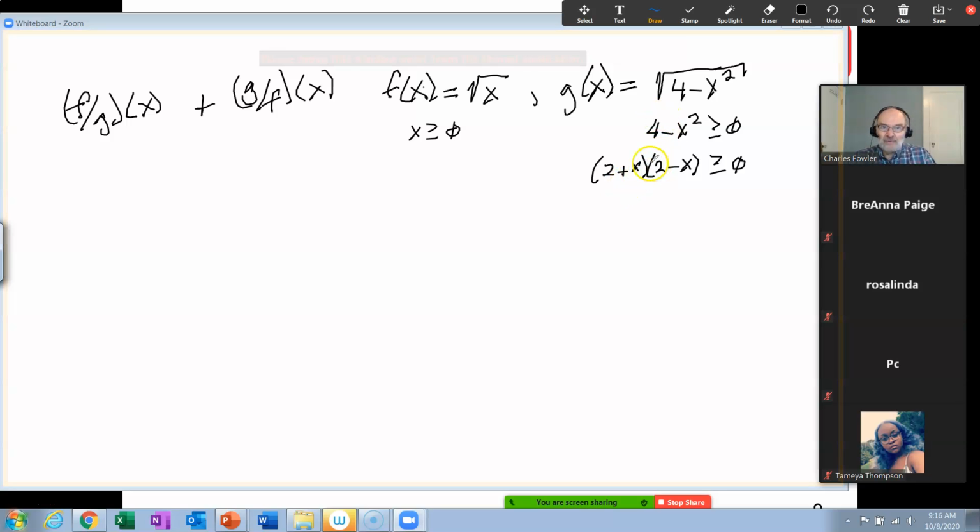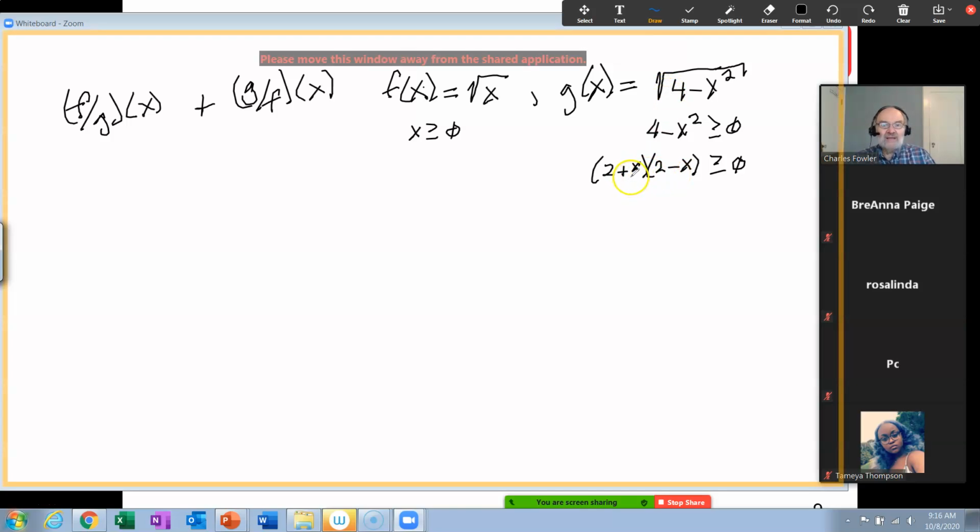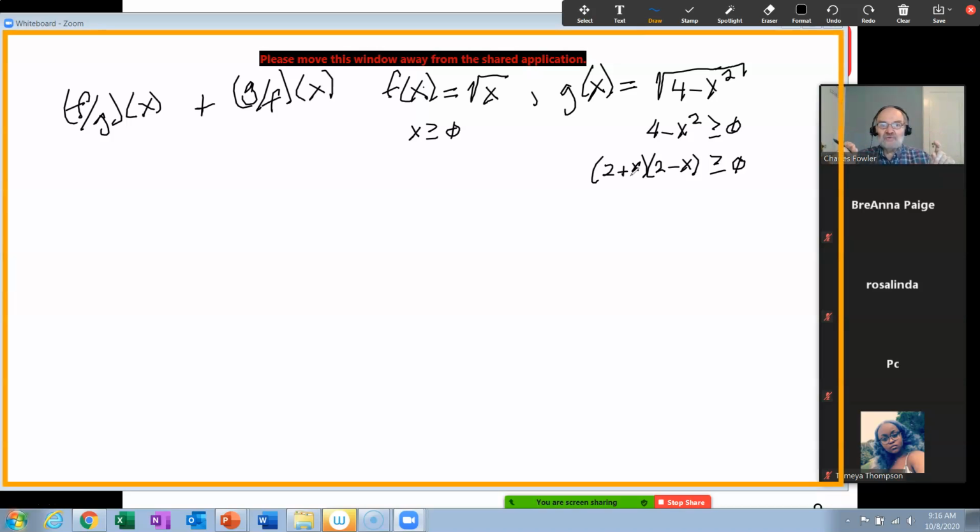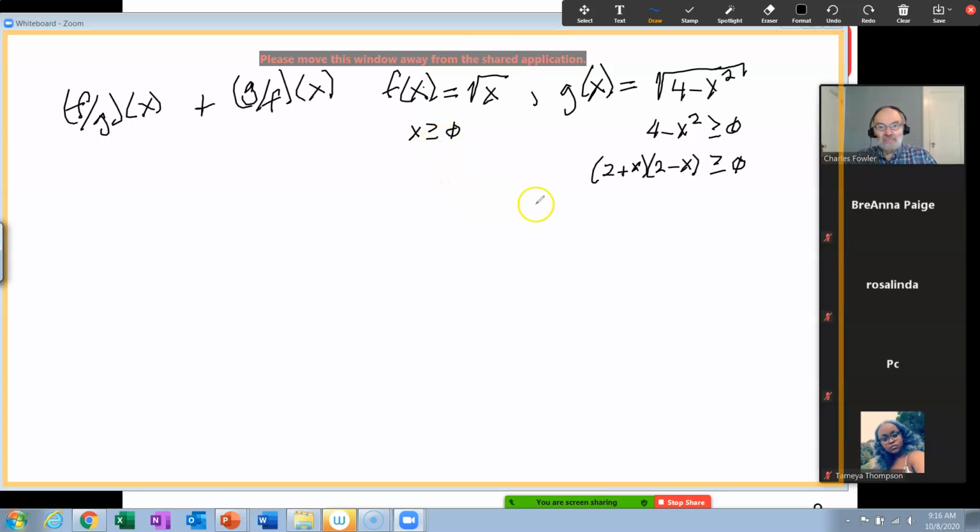However, g is a little more complicated because g, what's under the radical, is a product. Now if you remember back when you're multiplying signed numbers, if the two signs are the same, that means it's positive. If the two signs are different, that means it's negative. So we have to make sure that these two are either both plus or both minus.